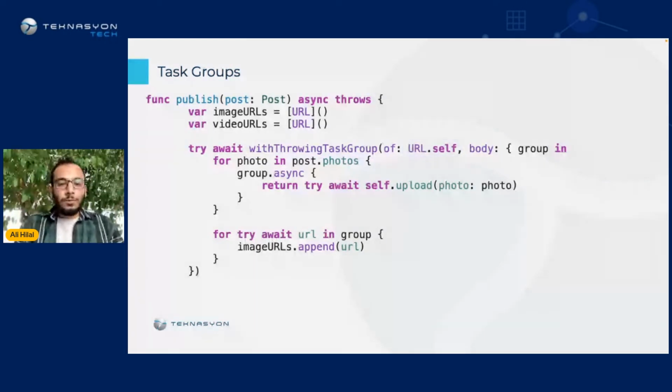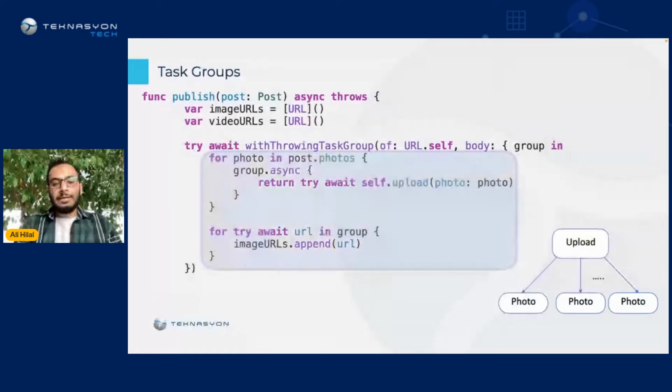Now, when we loop over the photos, we create a child task in the group by invoking its async method. Once added to the group, child tasks begin executing immediately and in any order. When the group object goes out of scope, the completion of all tasks within it will be implicitly awaited.